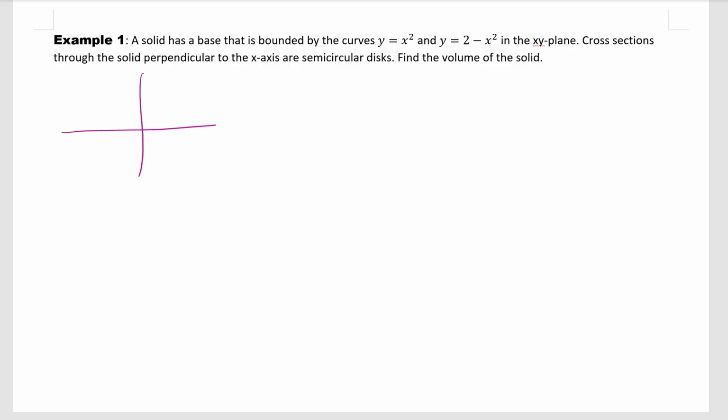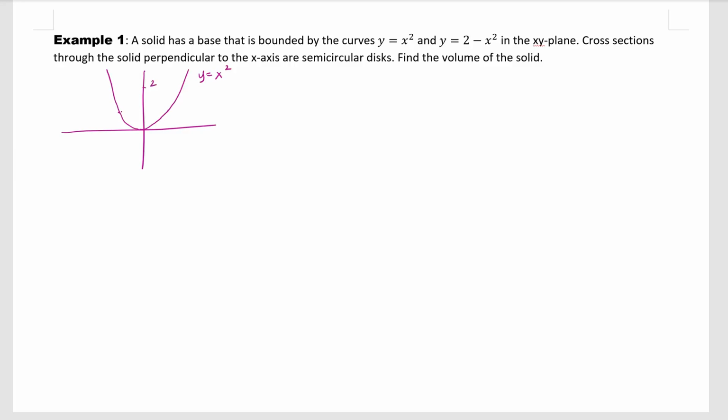So we have the curve y equals x squared, which looks like this, right? This is y equals x squared. How about 2 minus x squared?